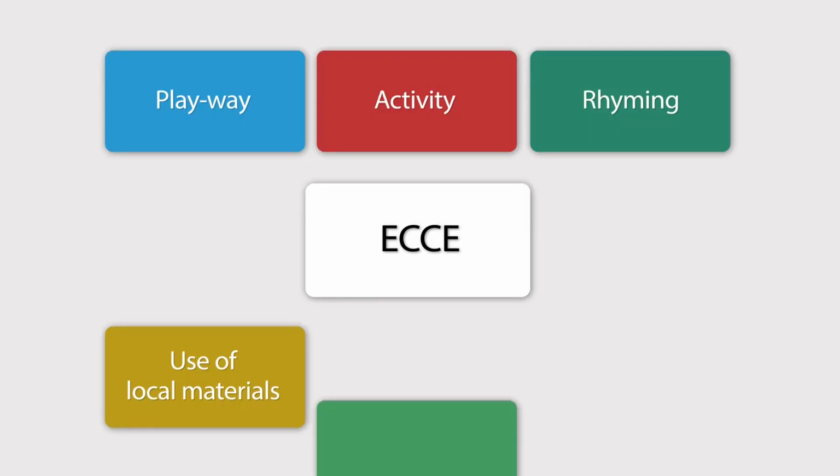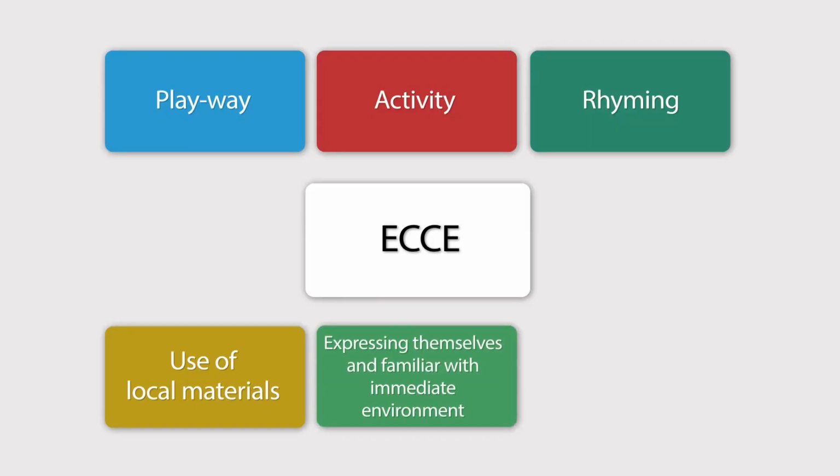And further, another important aspect is expressing themselves and being familiar with the immediate environment. They should have enough scope, enough space to express what they really feel. At the same time, they should also be familiar with their immediate environment. Okay, what is their immediate environment, and what should be their involvement in it.